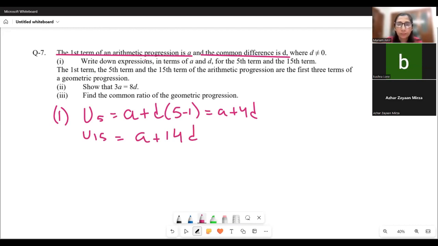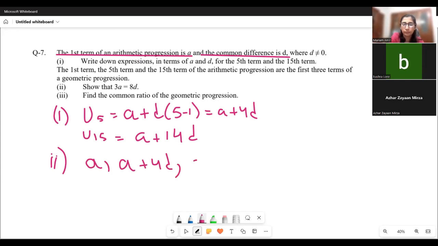The first term, the 5th term, and the 15th term of an arithmetic progression are the first 3 terms of a geometric progression. All right. So the first term of an AP would be A. The 5th term we've already mentioned is A plus 4D.